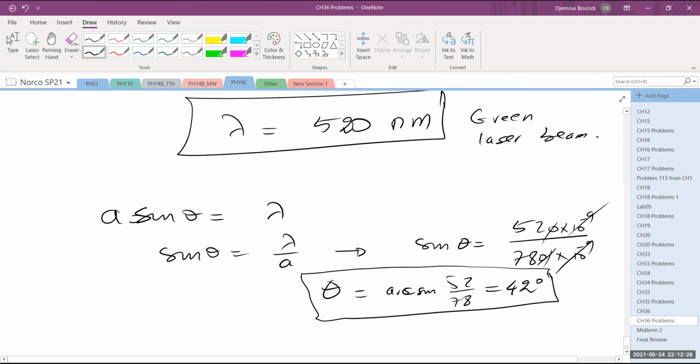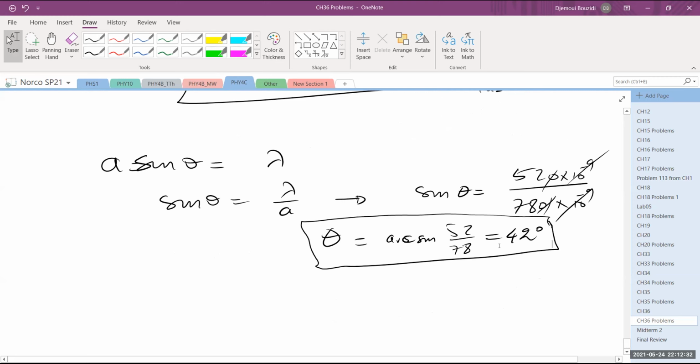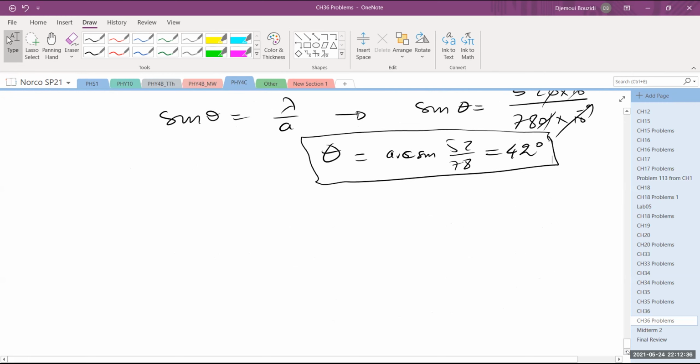If we do it for the second one, I bet we're going to find it small, because the second one is A equal to 15.6. So for the other one, sine of theta again is equal to 520 nanometers divided by 15.6 micrometers.